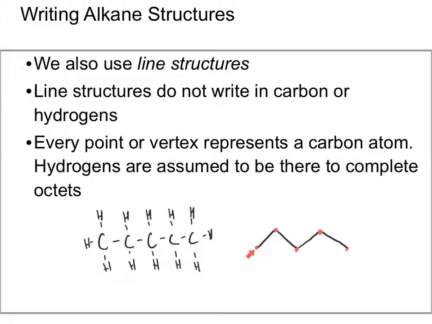So since there's only one other bond, there must be 3 hydrogens here in order for this carbon to form its octet. And those are these 3 hydrogens in our Lewis structure. Similarly, this carbon is bonded to 2 other carbons. Therefore, there must be 2 hydrogens that are not drawn in there in order for carbon to form its octet, and so on.